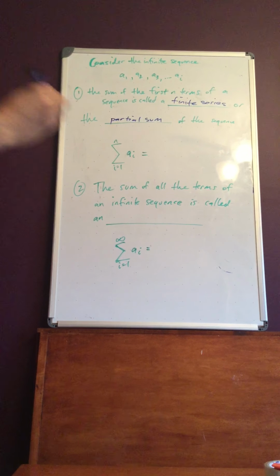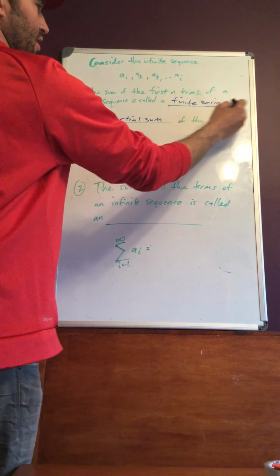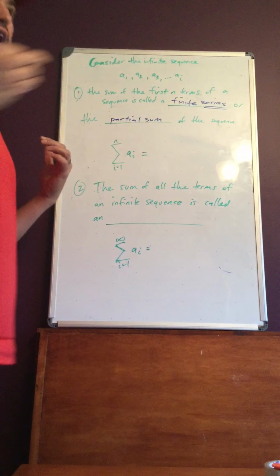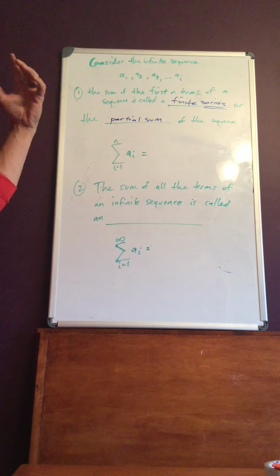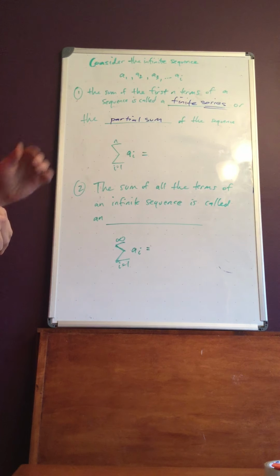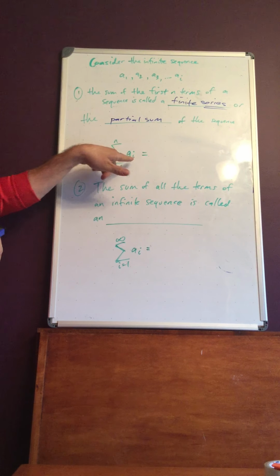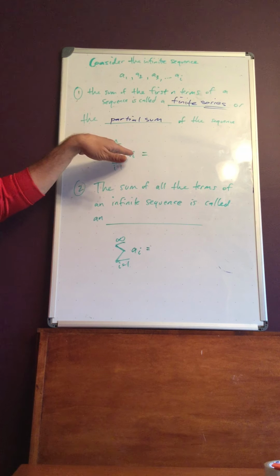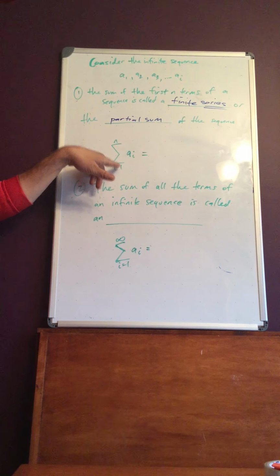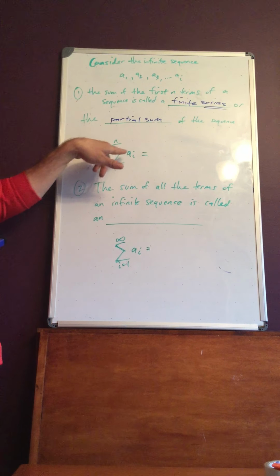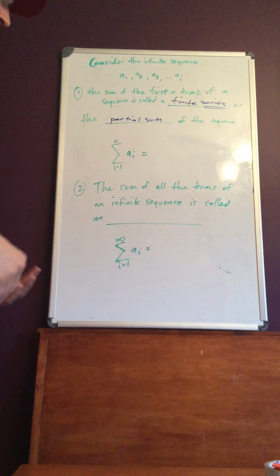So again, when you see that word series, I don't want you to be confused. I just want you to think sigma, think adding together, okay? So it can be demonstrated as this. This is the 1 to the nth term of the sequence a sub i.